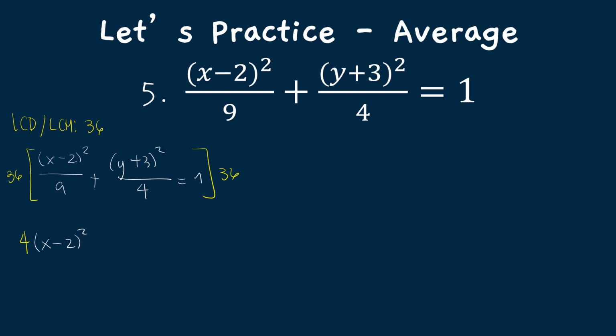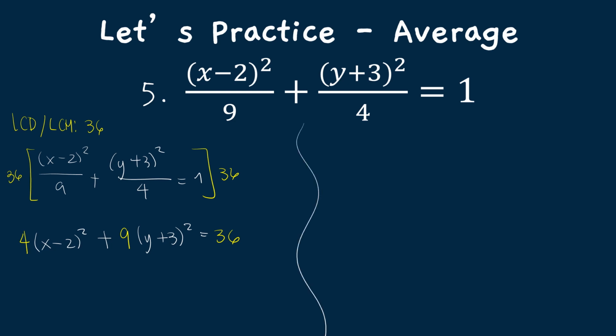Okay? And then, continuing, we have plus, again, divide the LCD by the denominator. So that results into positive 9. And then we have y plus 3 afterwards. Then multiply the 1 value on the right side by 36. And it is your 36 value. And then, continuing on our given, we can see we have already a binomial.